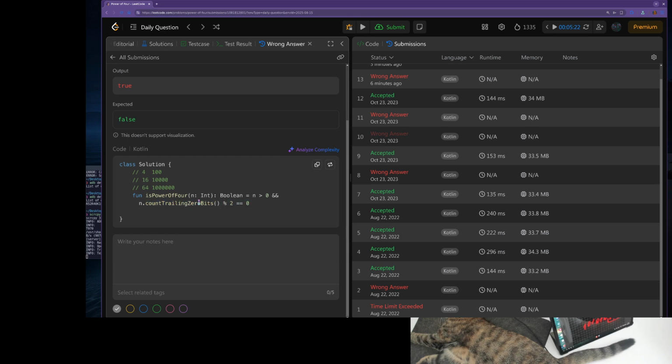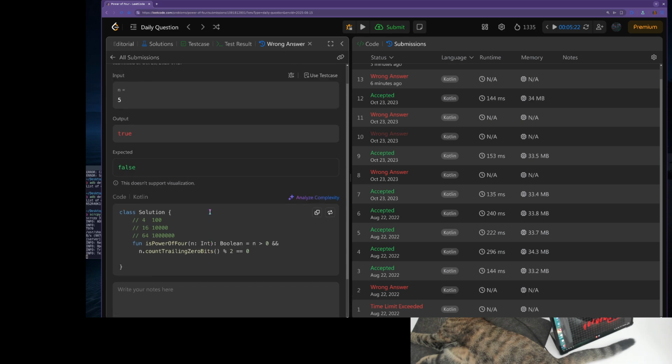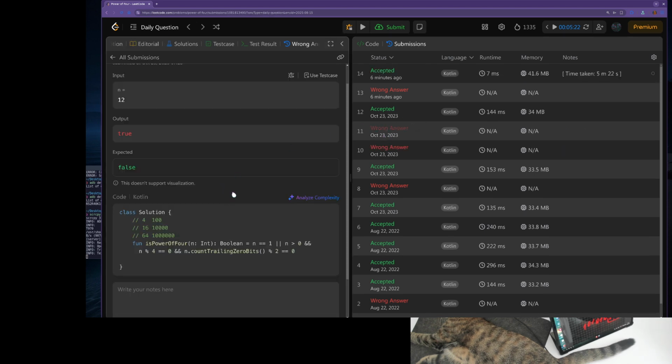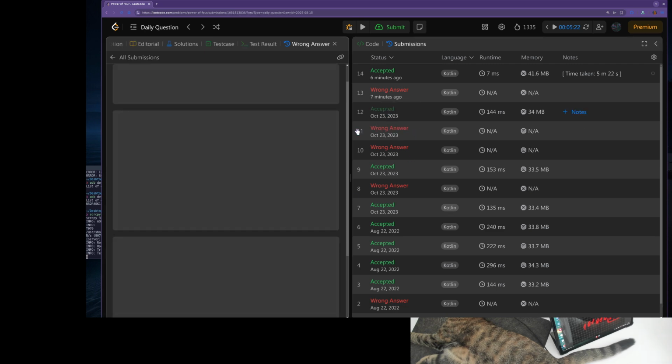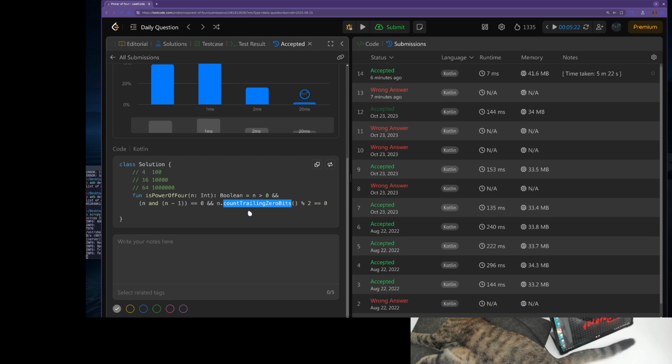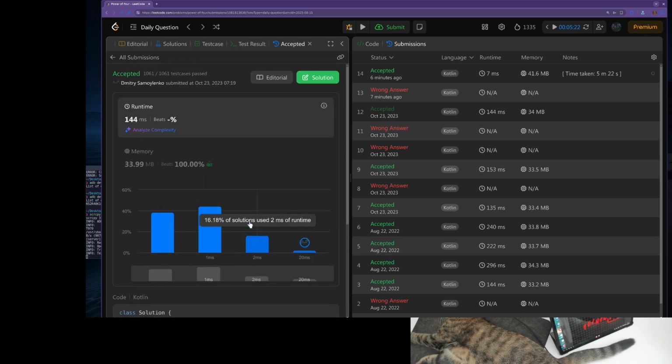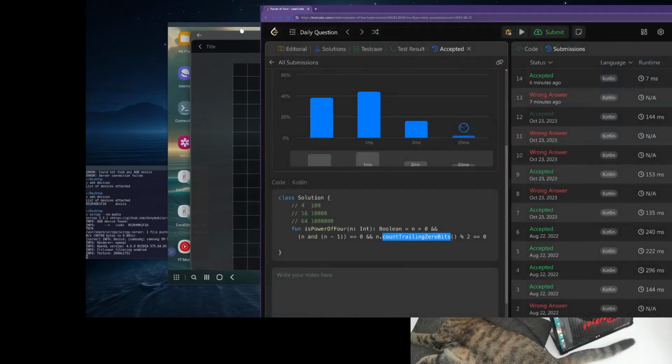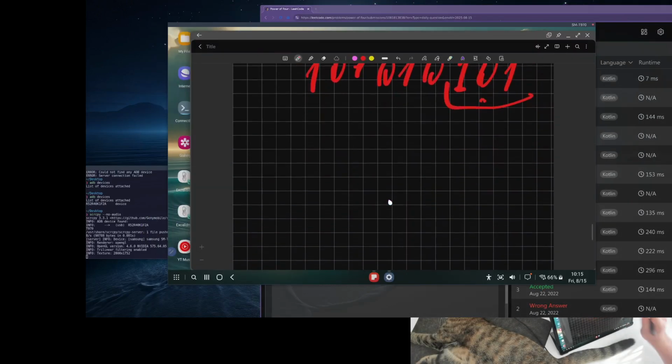Okay. So some count trailing zeros. Interesting idea. Maybe this should also work, or maybe not. So I have to search for the short-form solution. Yeah, it works. So interesting. Count trailing zeros. So that means we can count the position of the one.